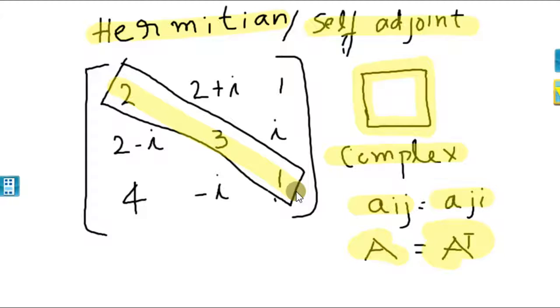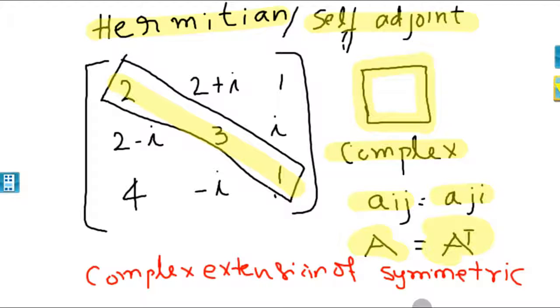They cannot be complex or imaginary. Remember the symmetric matrix we have learned earlier? A Hermitian matrix is a complex extension of a symmetric matrix.